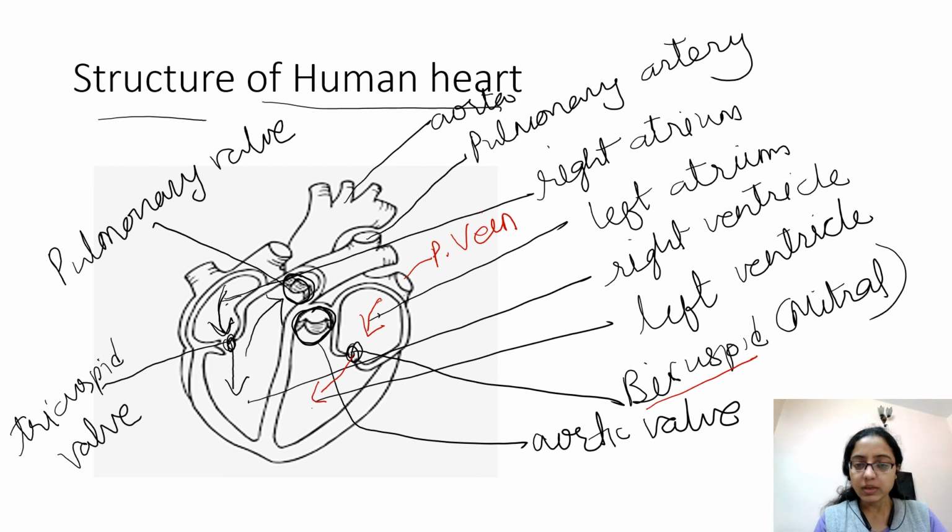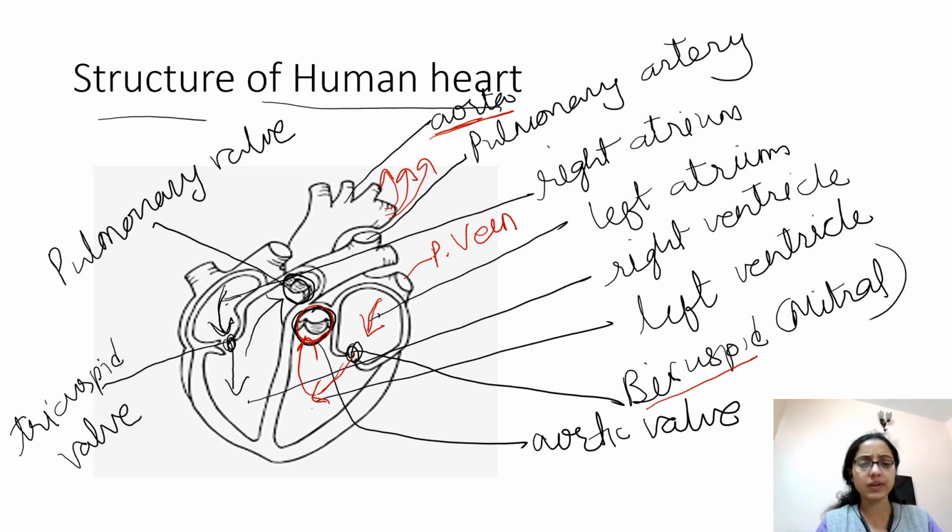When this oxygenated blood comes to the left ventricle, it pumps the blood to the aorta, which is the largest artery, through the aortic valve. So from here the blood goes to different parts of the body. This is the direction of the blood flow in the heart.